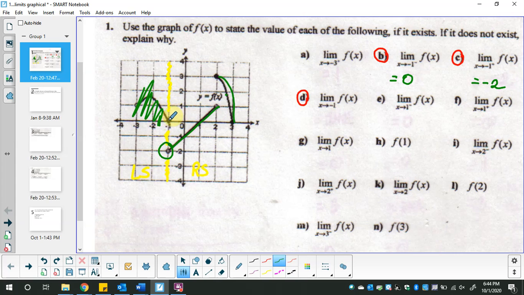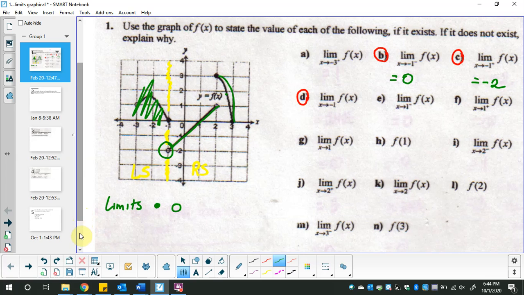Actually, in this case, you're landing on it. As opposed to this one, which is the limit as x approaches negative 1 from the right side, where you are approaching but not necessarily equaling negative 2. So a little note here is that if you are talking about limits, you can have an answer that is like this, or you can have an answer that is like that.